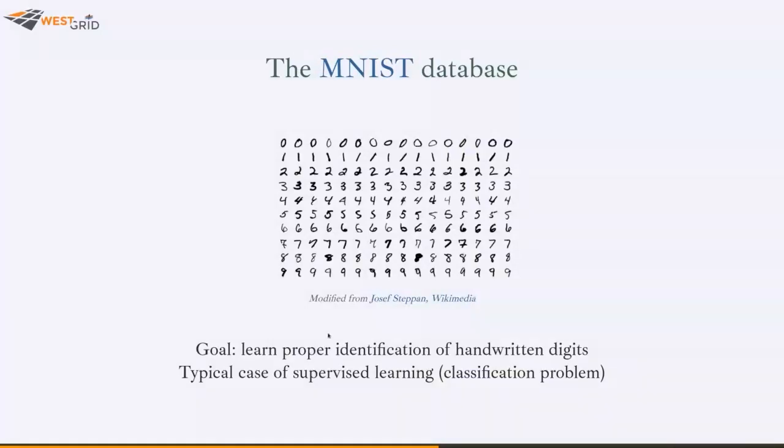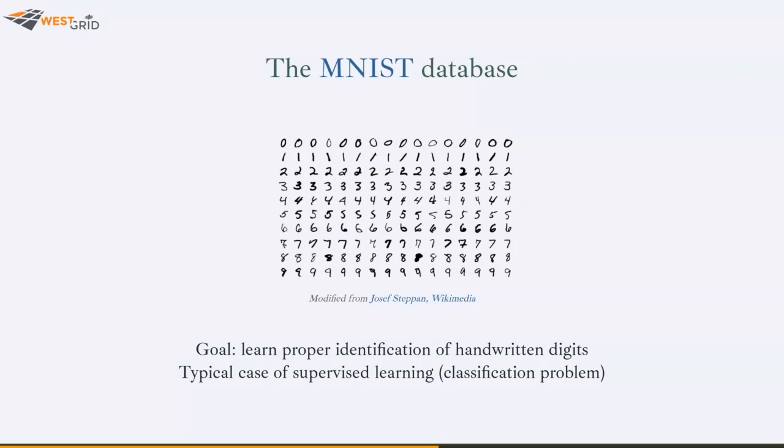And so you have those pairs, and the goal is to have the machine identify the handwritten digit. For instance, say that, okay, this is a 0, this is a 1, etc. So basically, it's a classification problem.